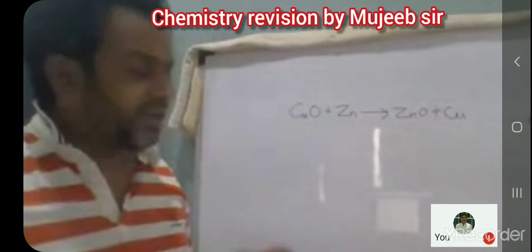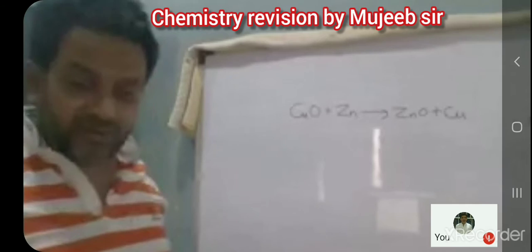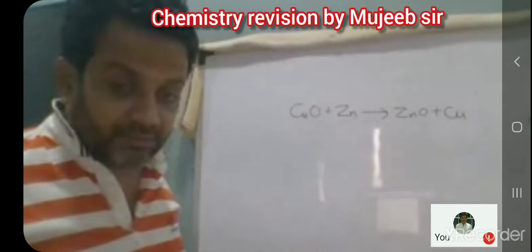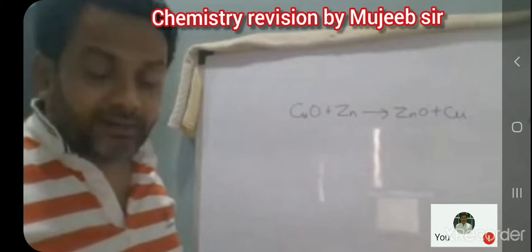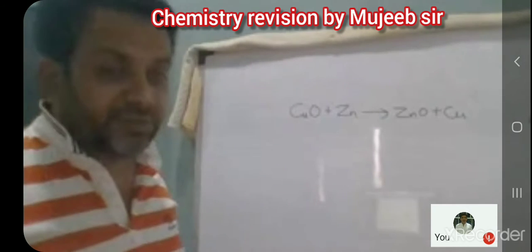In which category can you classify this equation? Oxidation reduction, that is redox, and also a displacement reaction.